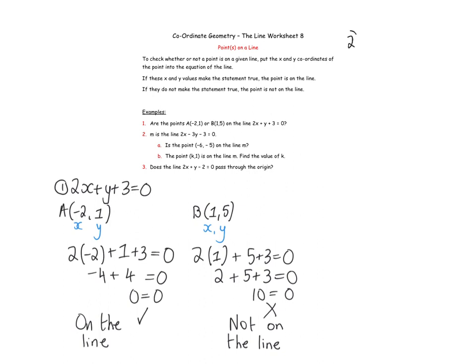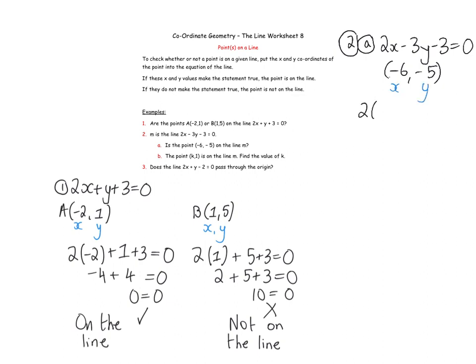Question 2 then has 2 parts, A and B. A tells us that M is the line 2x - 3y - 3 = 0. It says, is the point (-6, -5) on the line? So the first thing I'm going to do is write down the point. We can label that point x, y, and fill that point in.